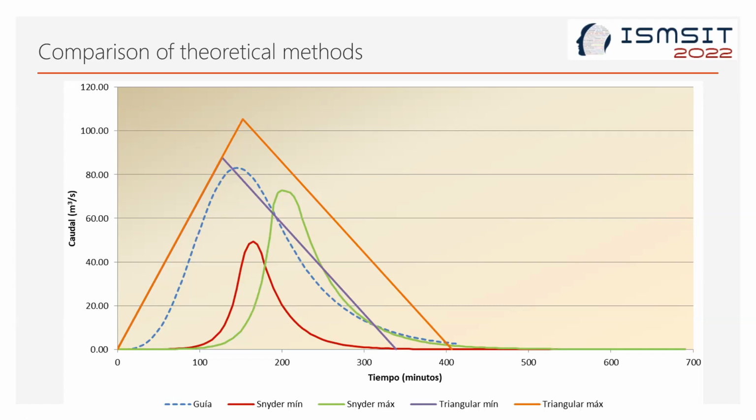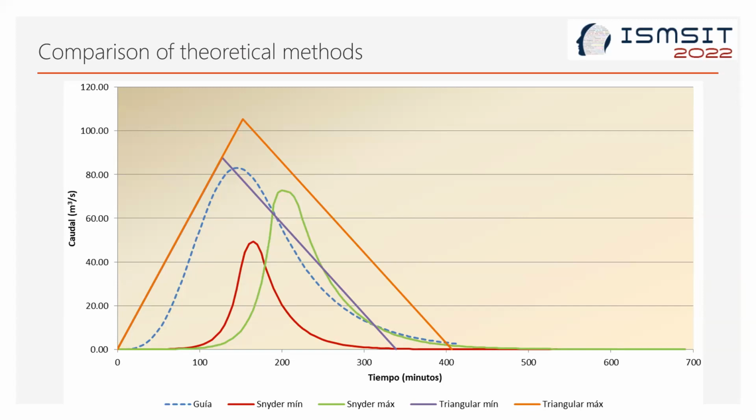This makes us wonder why on the island of Tenerife it is more appropriate to consider the method of the unitary synthetic hydrogram of the Soil Conservation Service of the United States Department of Agriculture, as established by the methodological guide for the calculation of flows on the island of Tenerife, or what would be the most appropriate method to determine the value of the theoretical peak flow and its distribution over time within the basin under study.